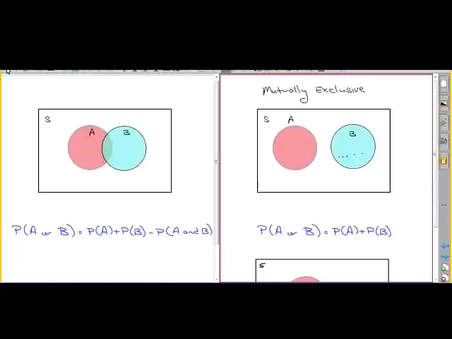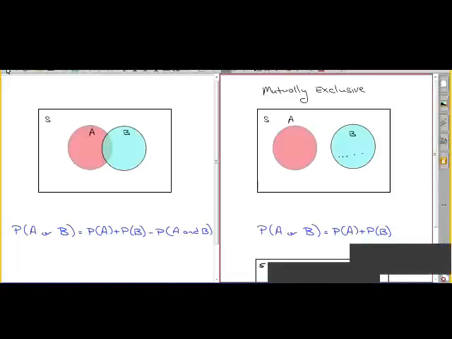Elements that are in both sets, they belong to set A and set B, we would normally place inside this overlap region. Then the elements in set A would be inside this circle, and the elements in set B would be inside this circle. And when you do the elements in set A or B, you just list all the ones that are in A or B. And you don't want to double count the ones that are in A and the ones that are in B, so you have to subtract out that commonality.